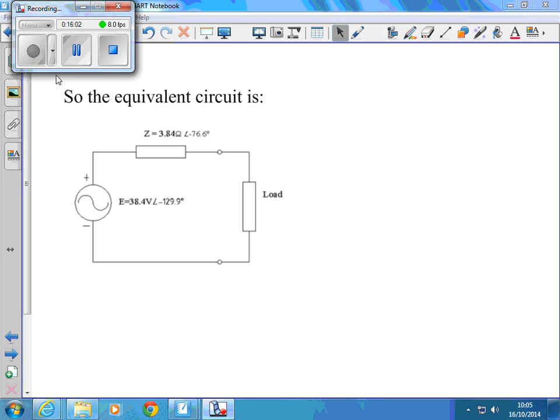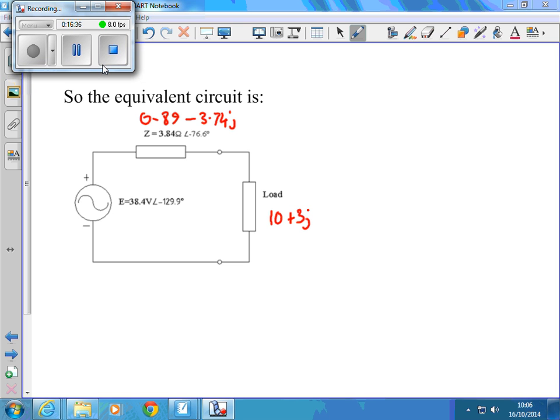So for A, this load was 10 plus 3J. And what was this Z in rectangular form? 0.89 minus 3.74J. Because it's going to be easier to add those two together in rectangular form, convert afterwards, find the current.